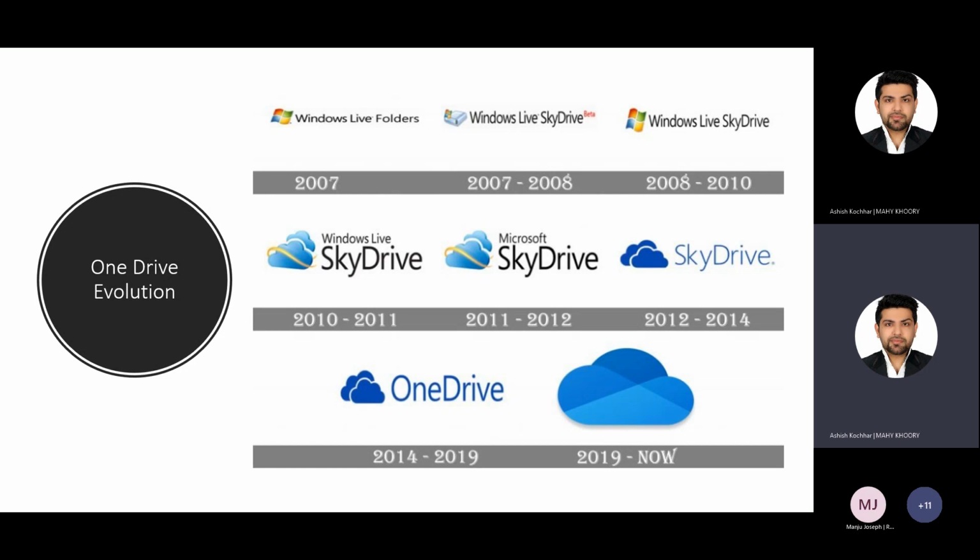They just changed the logo to Windows, and then from 2010 to 2011 you can see how the logo looks. Likewise, 2011 to 12, 12 to 14, and then after 2014 they changed the name from SkyDrive to OneDrive, and now it is OneDrive for Business, which looks like a normal, single cloud.